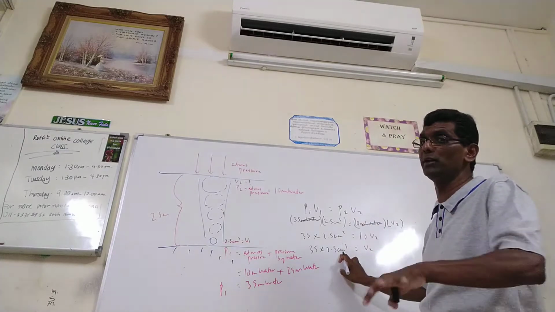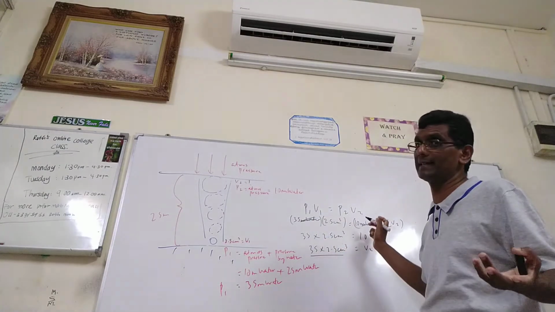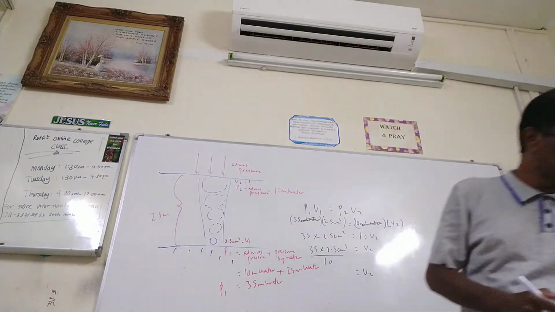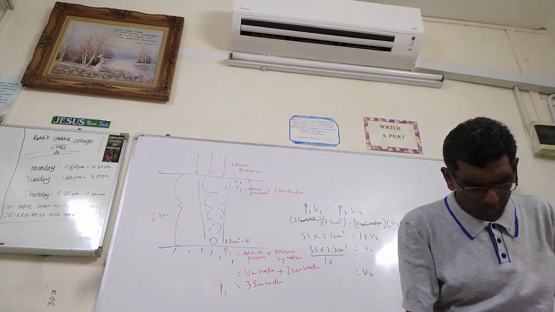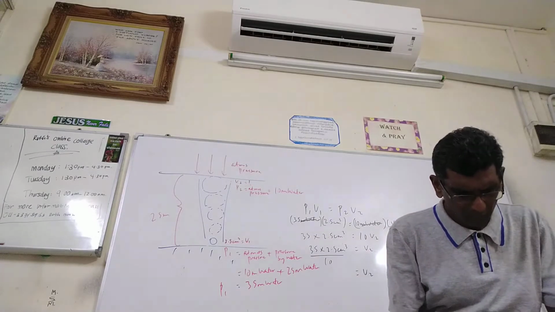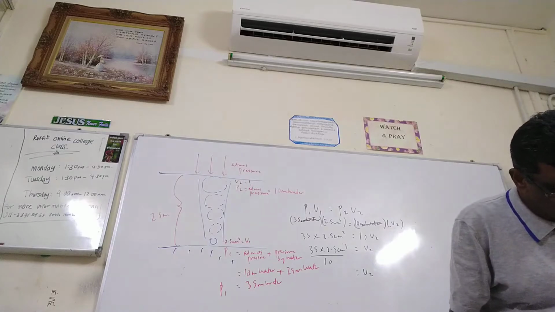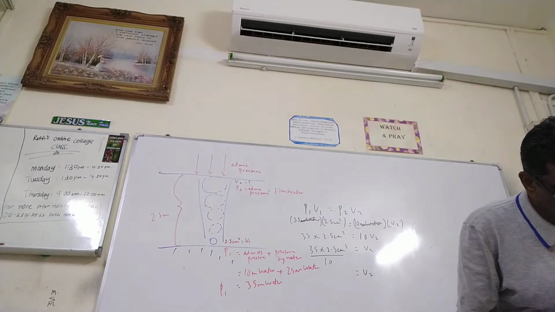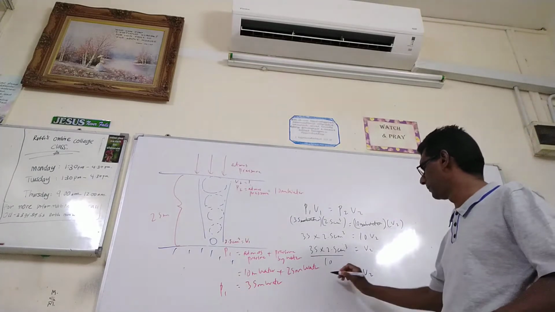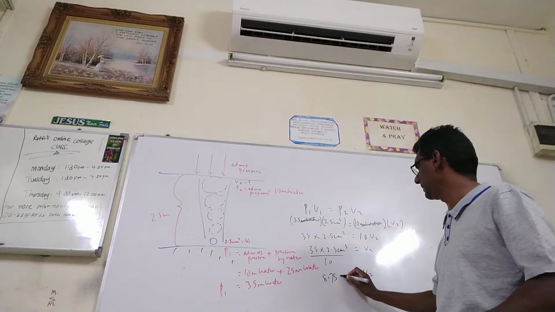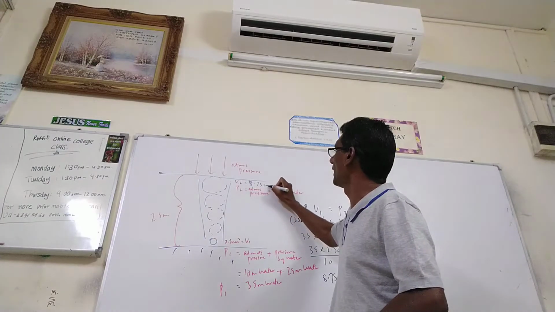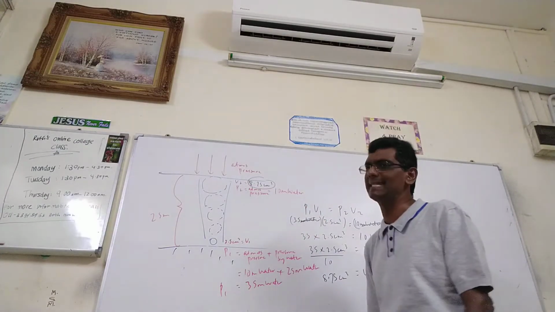Centimeter cube is the only unit remaining, as the meter water cancels. So finally V2 equals 8.75 centimeter cube. That is the volume. Volume 2 is 8.75 centimeter cube. Why has the volume increased?